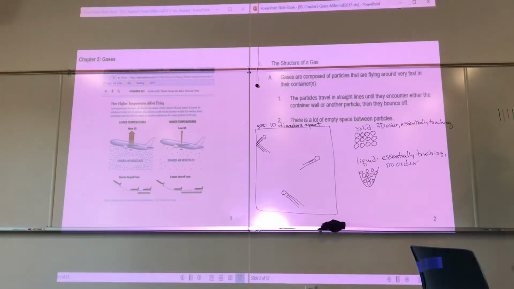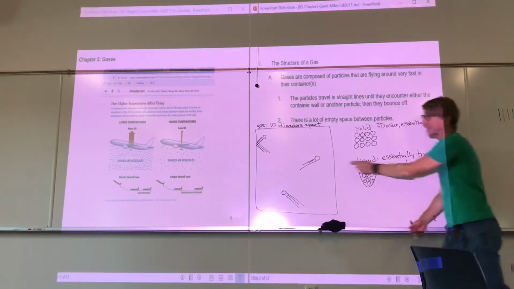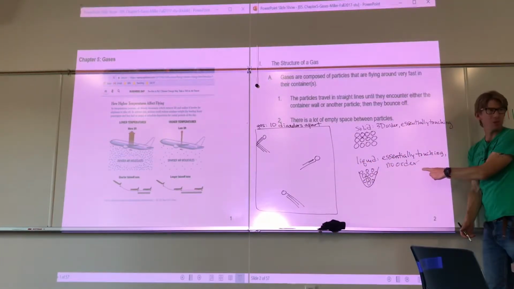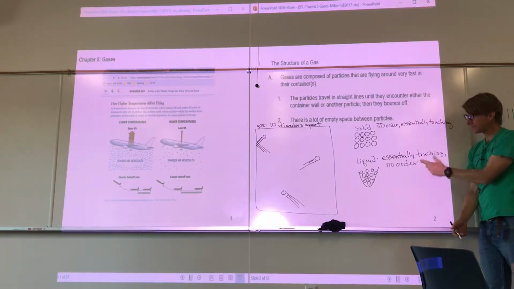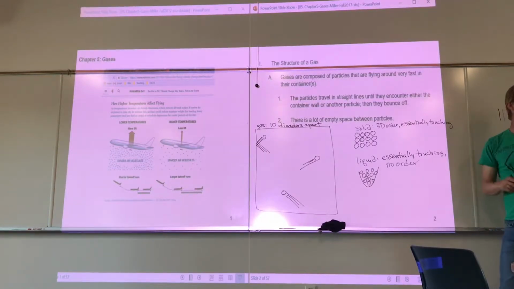You could say it's in the bottom of a really tiny test tube, and if you can see the atoms or molecules, the sides of the container create a little bit of order, but we'll neglect that. A liquid is very like a solid in the spacing, and it's very like a gas in that there's no order. That's what it means to be a liquid. It always exists at intermediate temperatures between a solid and a gas, although we could talk about that too. But that's pictures of the three phases.